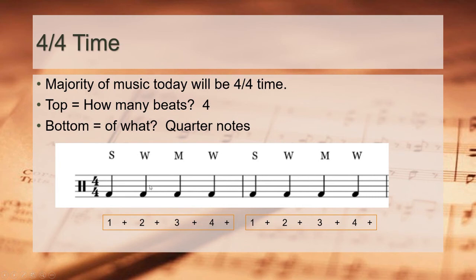And we've got quite a few of them, in this case all quarter notes. So it's going to be 1 and 2 and 3 and 4 and. Let's start. 1 and 2 and 3 and 4 and, and then to the second measure again, 1 and 2 and 3 and 4 and. Okay, I hope that makes sense.